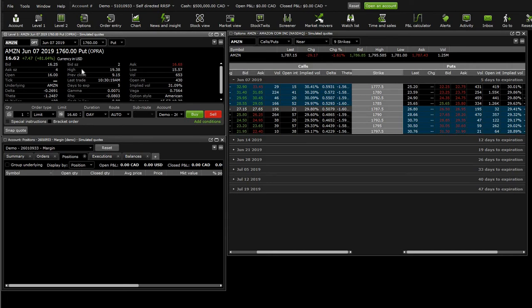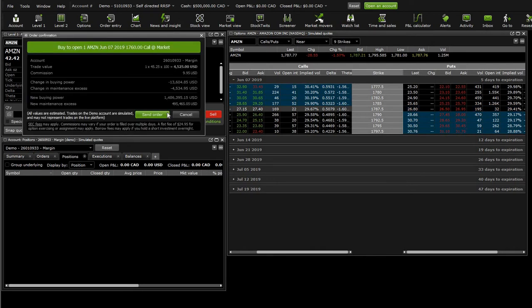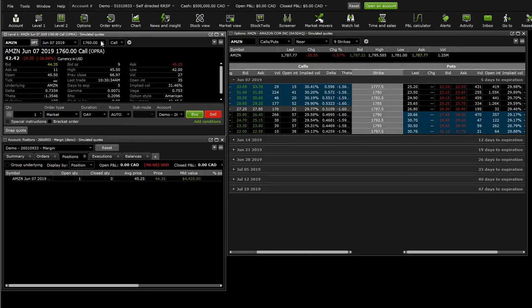I'll explain why in a second. Okay, so we're going to do a 176 call, and then you trade these just like you would a stock. I'm going to do a market buy just because it's not real money. I'm going to hit buy and send the order.